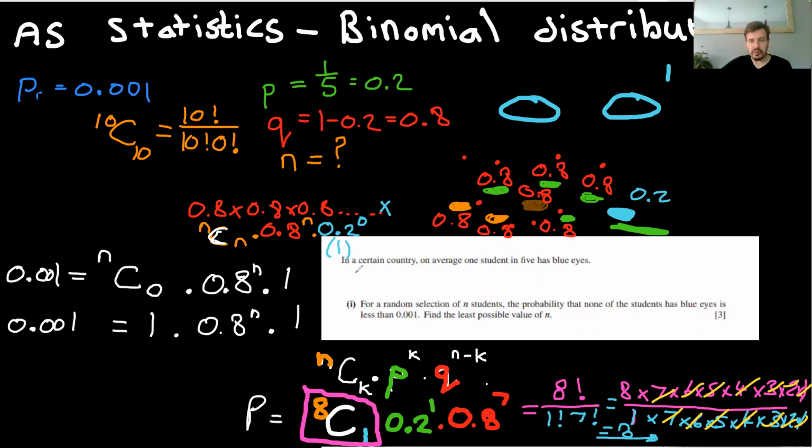Okay, now the question: find the least possible value of n, right? So the smallest possible value of n. So if we were to say this answer comes to 8.7.